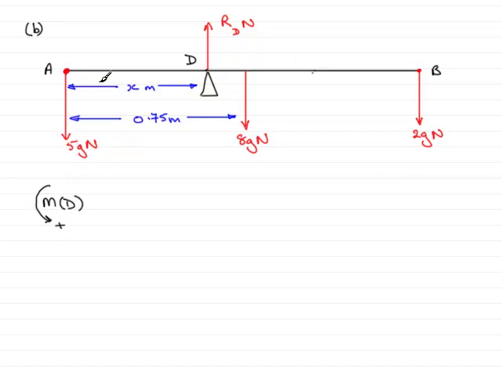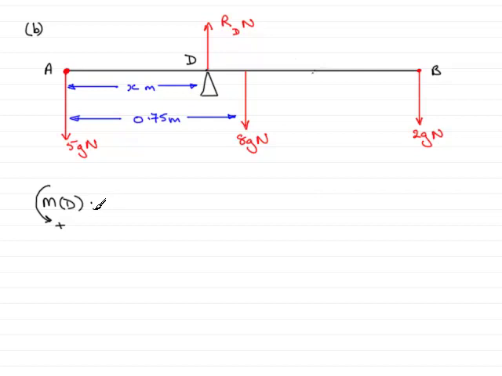Why I'm going to take anti-clockwise positive is because I can see that if I turn in this direction, when it comes to looking at the moment of the 5g force about D, it's going to be 5g times plus x, and that just keeps the x positive.